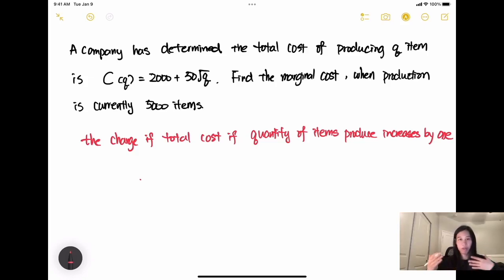That's similar to marginal revenue, which means the change in revenue if the quantity of the item produced increased by 1. Remember, it's just increased by 1.